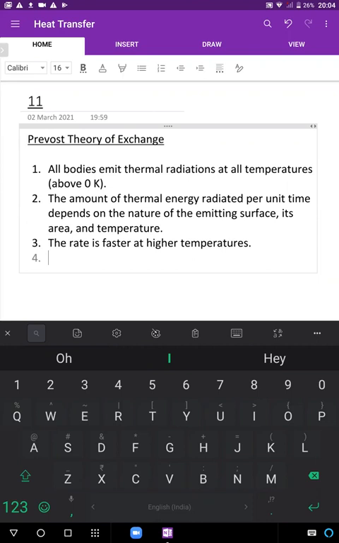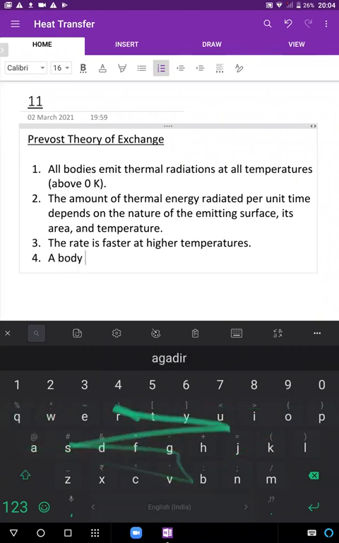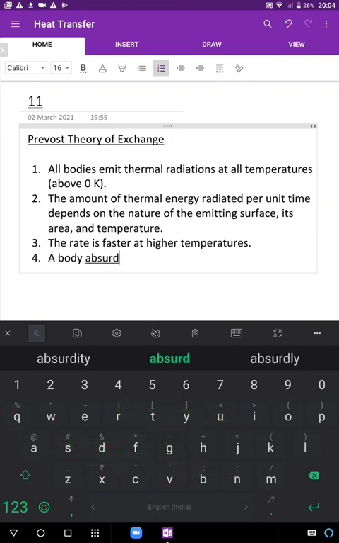The fourth point is, now see what is going on.